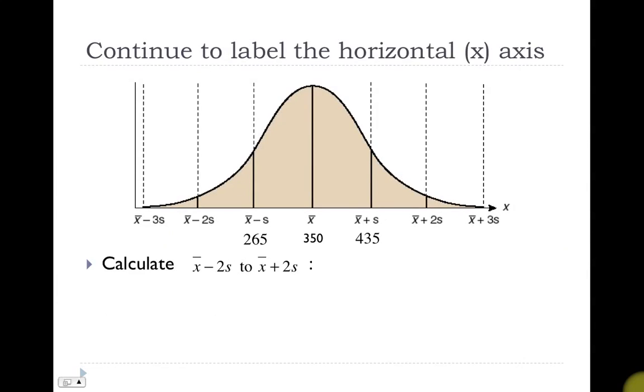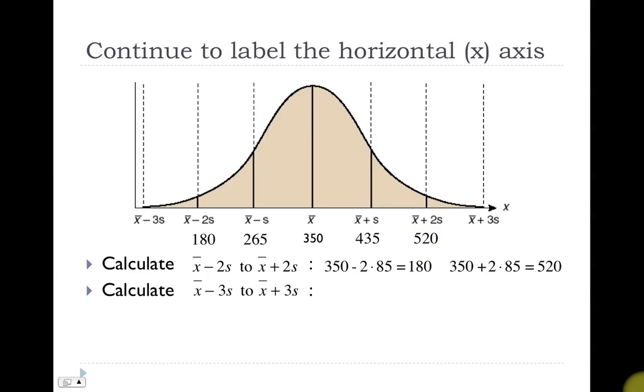So you get 180 when you subtract 350 minus 2 times 85, which is the same thing as taking 265 minus 85, and 350 plus 2 times 85, 350 plus 2s, is going to give you 520, which is the same as 435 plus 85. So 180, 520.